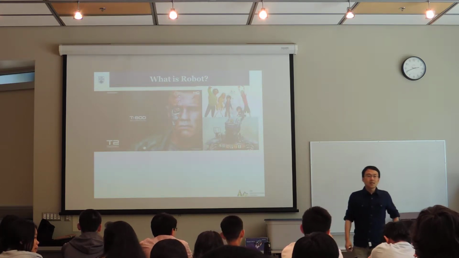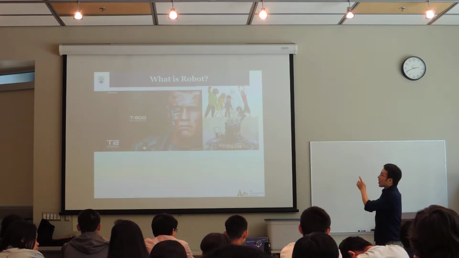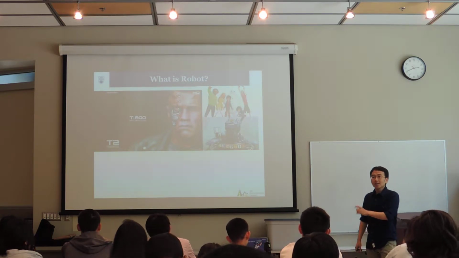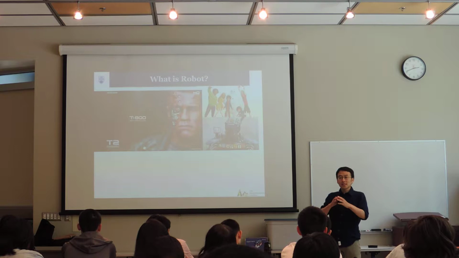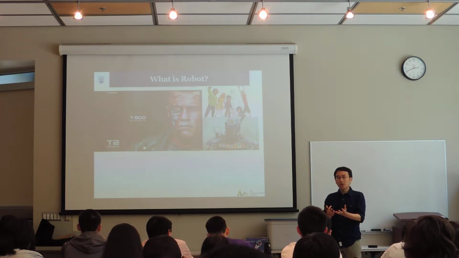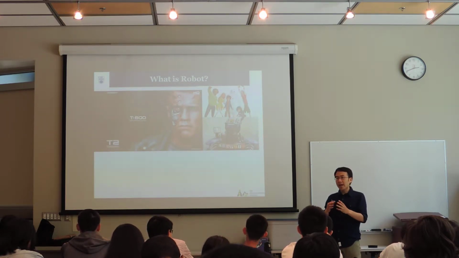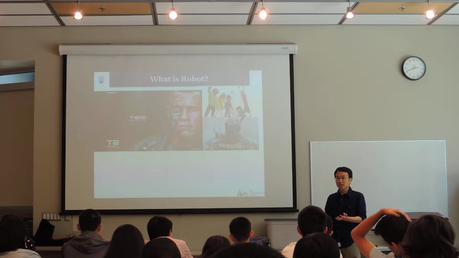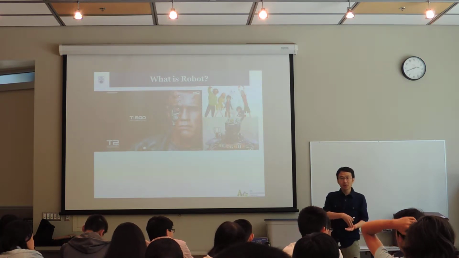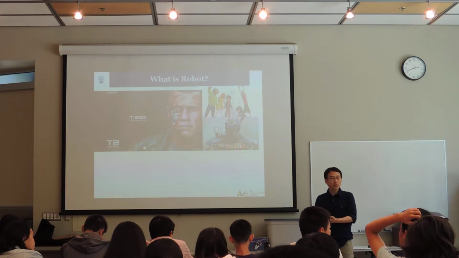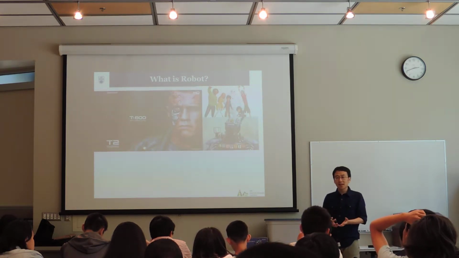Actually, for robots, though the question is very basic, the answer is actually very difficult. The reason is that a robot is a kind of platform that combines almost every technology nowadays, from hardware to software, from mechanical to electrical, almost everything we can think of.